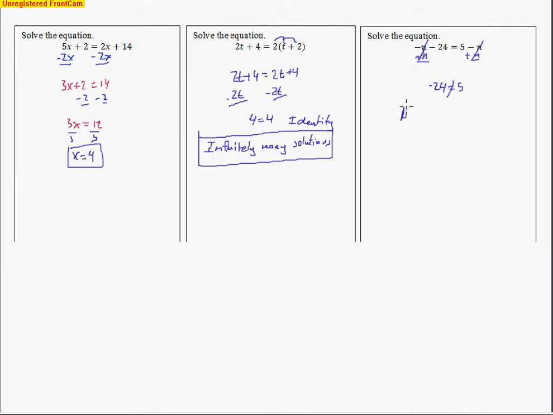There is no solution. There's no value I can put in for x to come up with the same number on both sides, because I would never get the same number on both sides of the equal sign. So there's no solution in that case.